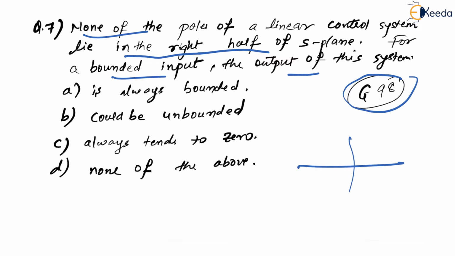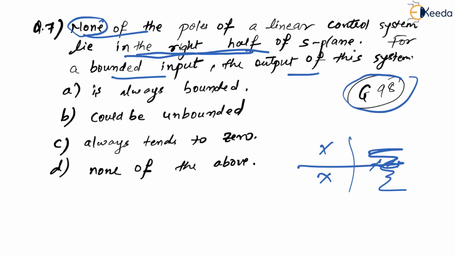Why? Because, for example, this is S plane, right? Now, none of the poles lie in the right half of S plane, means on the right half of S plane there are no poles. Correct? Students feel that then they are on this side, left half of S plane, which means system is stable, which means for a bounded input, definitely output has to be bounded, right?